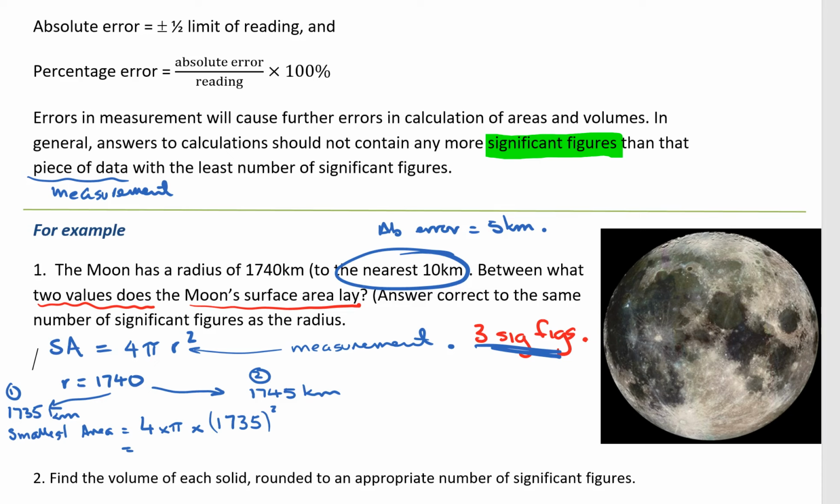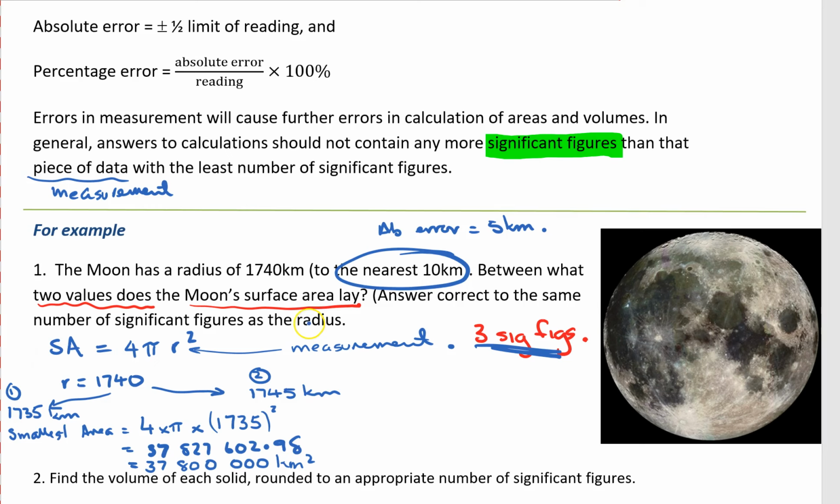I'll just pause the video. You can see there that I've got 37,827,602.98 kilometres squared. And remember, this is our smallest possible surface area.